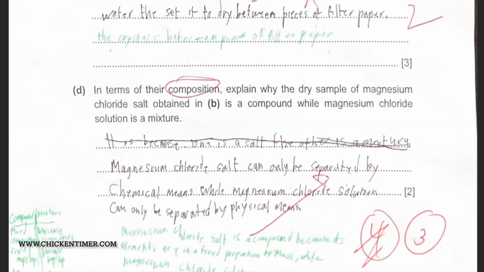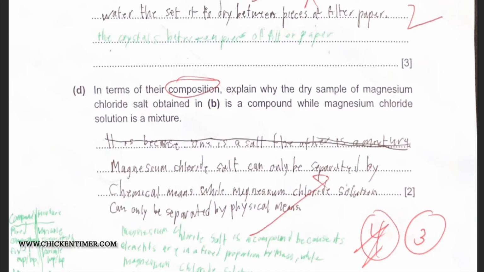Okay, so D. They say in terms of their composition. Composition means what makes up the substance. Explain the dry sample of magnesium chloride salt, and the other one is magnesium chloride solution. So we go back to how you get your magnesium chloride salt.